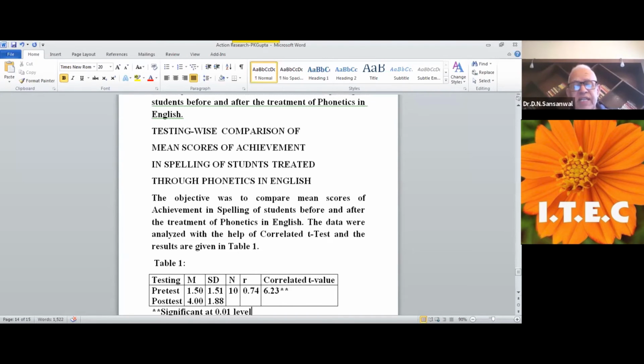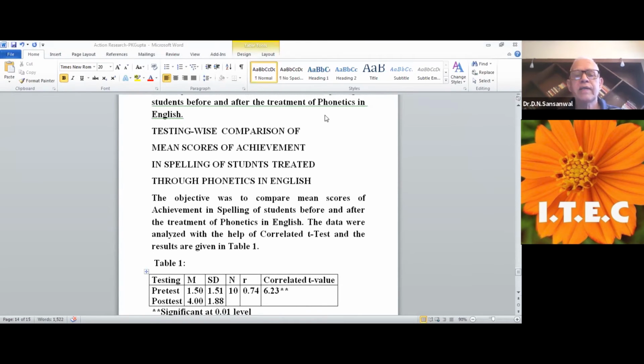And if it is significant at 0.05 level, then you have to put a single star. And if you do not want to put a star, then you can add one column here and say remark. Should I do that or is there no need?